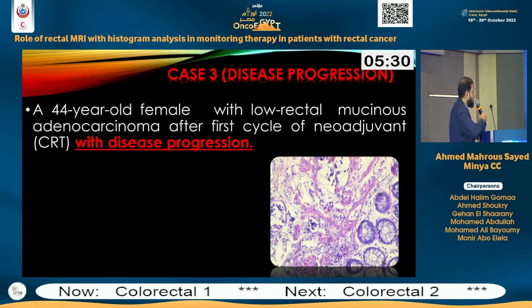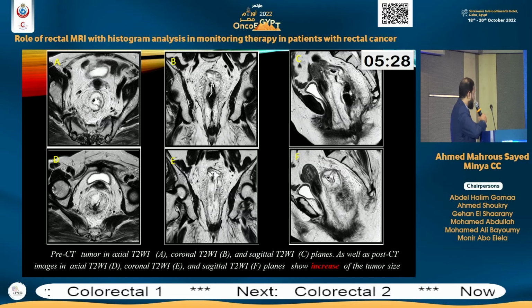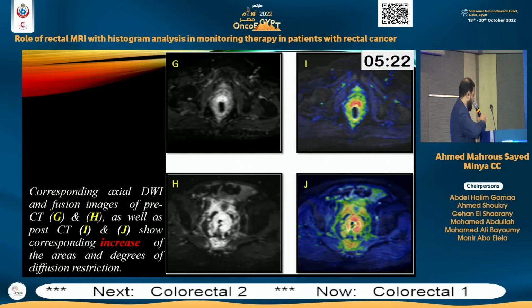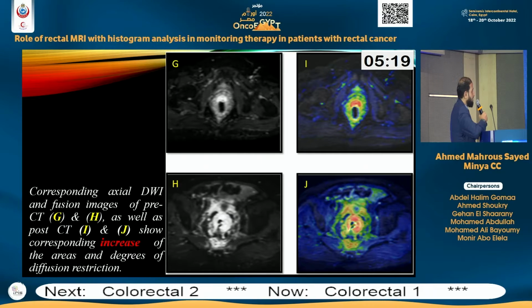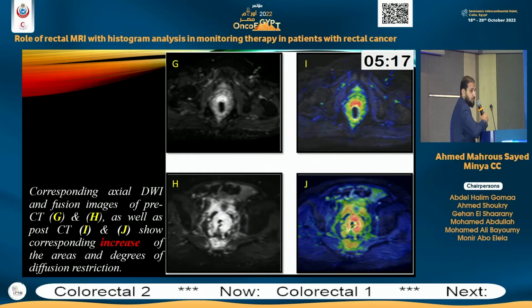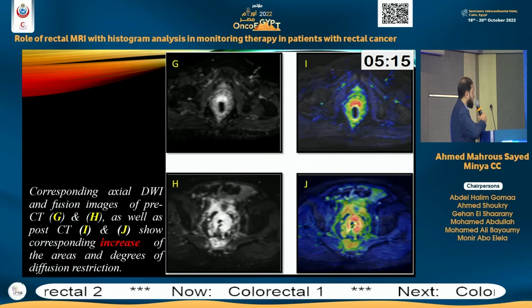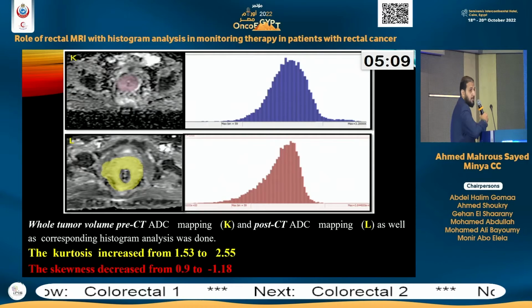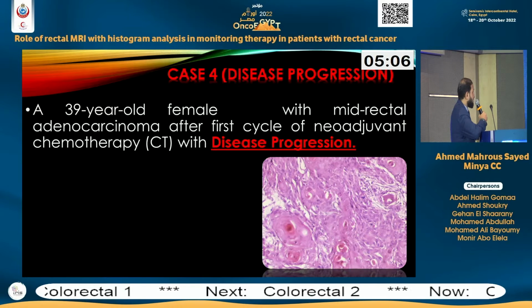Another patient who had disease progression, we can see the pre-treatment row here. There is an increase in the overall tumor size, and the diffusion images revealed an increase in the degree of diffusion restriction. The histogram interrogation revealed no definite changes in the shape of our histogram or the parameters.